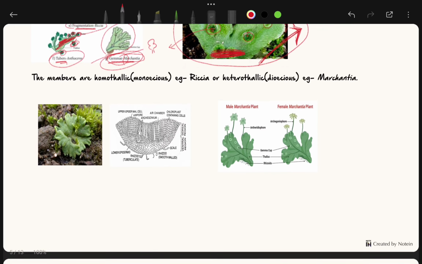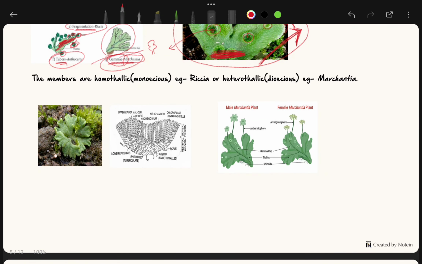The plant body may be monoecious. Liverworts may be homothallic or monoecious, or they might also be heterothallic.